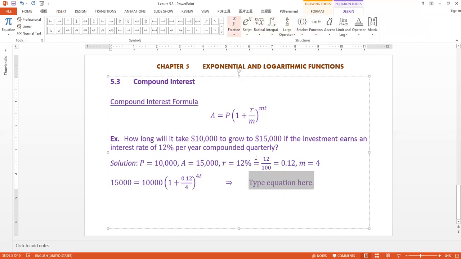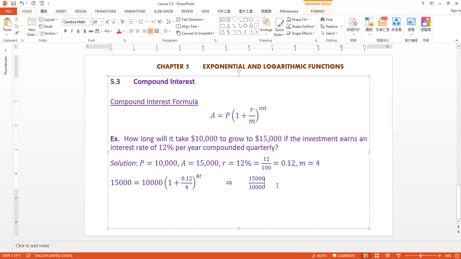So the left hand side is just 15,000 over 10,000. And at the same time, we can also simplify the base. 0.12 over 4 is just 0.03, isn't it?